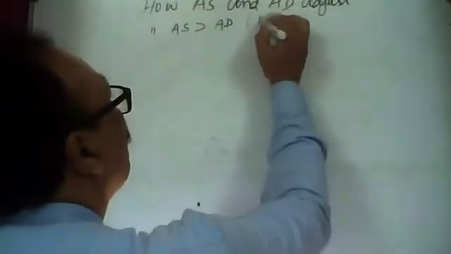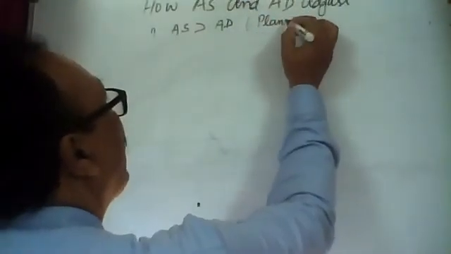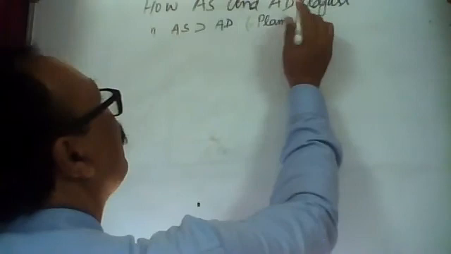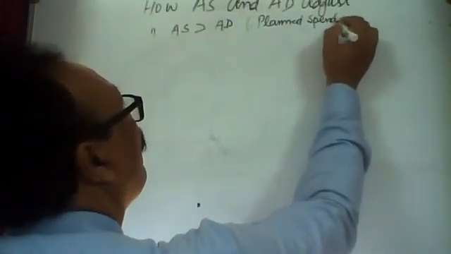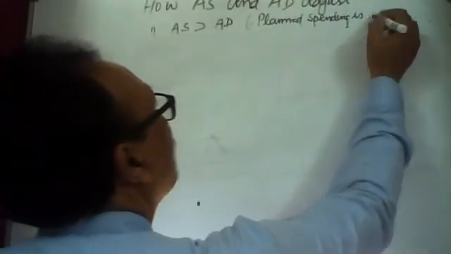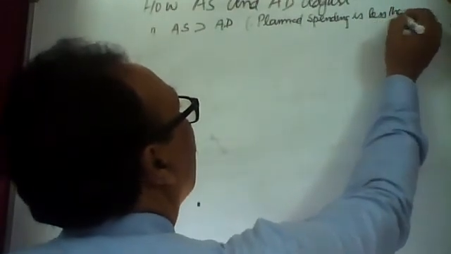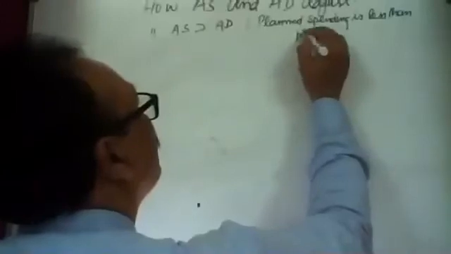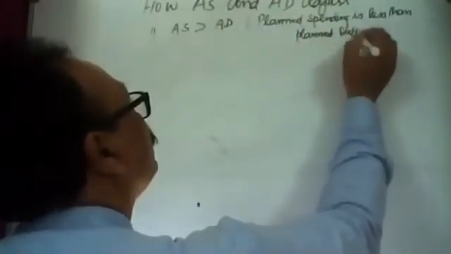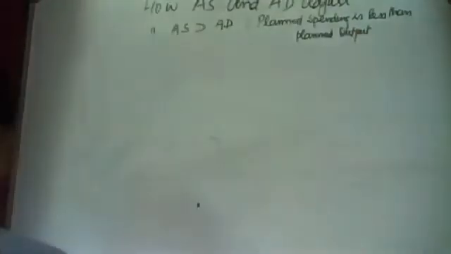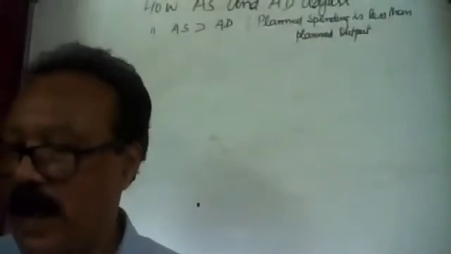Planned spending is less than planned output. That is when planned spending is less than planned output.